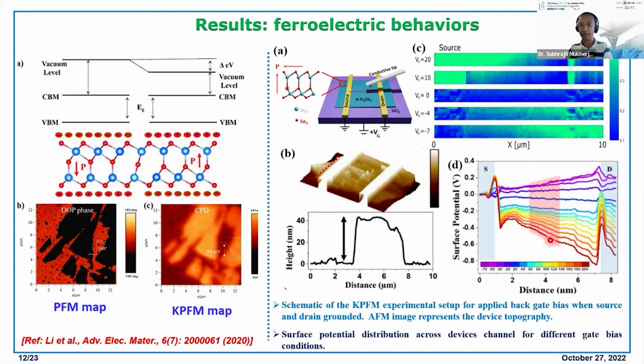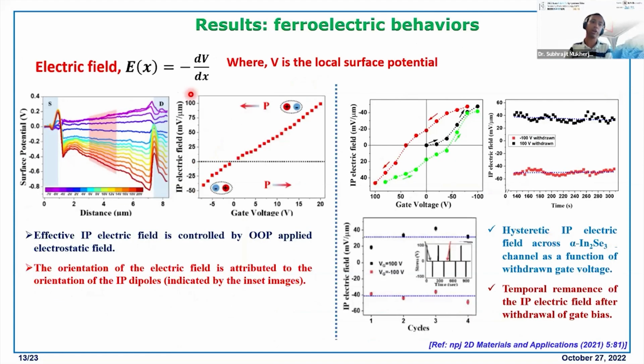So what does it mean? It means that you can calculate the electric field from here. The electric field is nothing but minus dV/dx, where V is the surface potential. To avoid any ambiguity in our result, and to avoid any electrode effect, we take the surface potential slope at the middle of the channel.